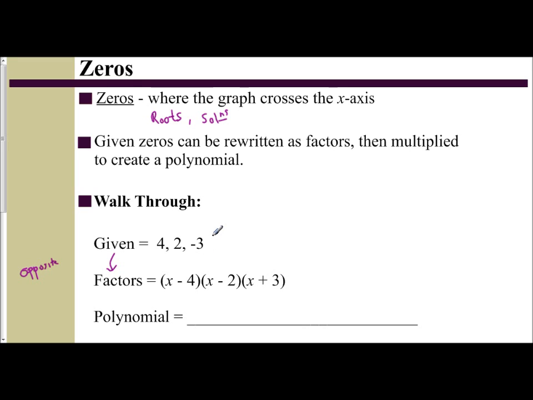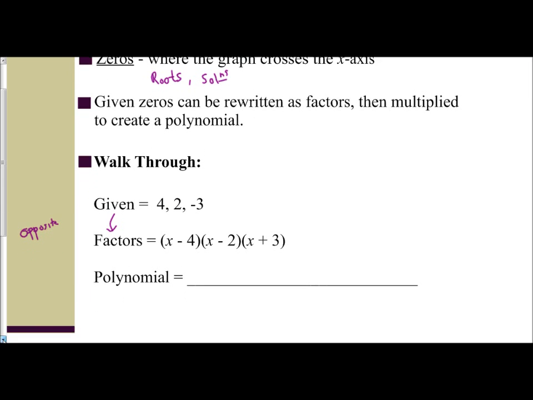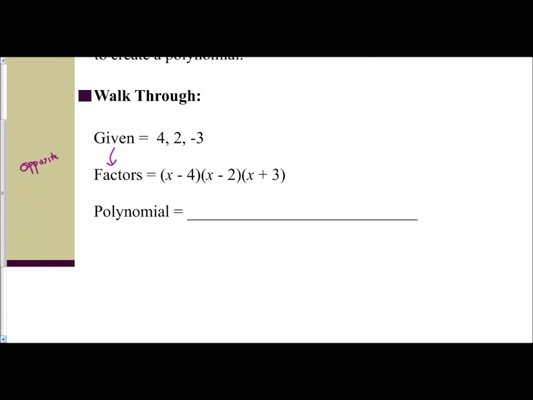So to get our polynomial, what we want to do is multiply all these factors out. And so I can start here by pairing the first two together.